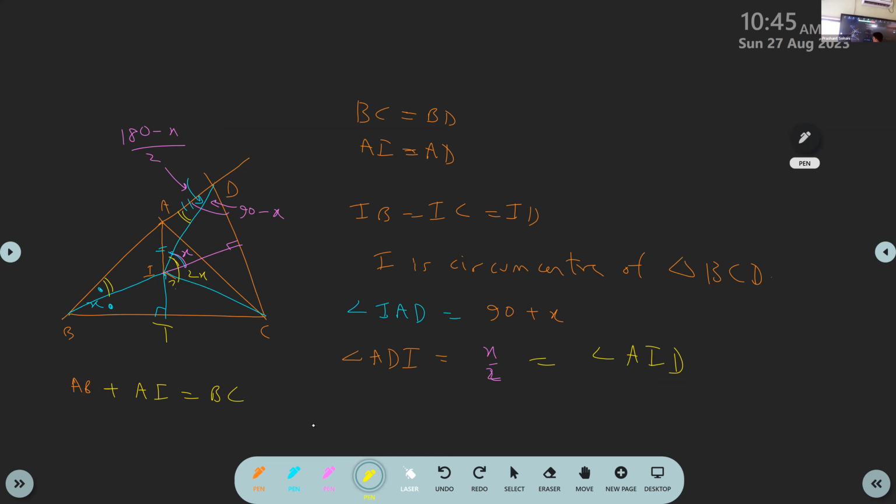So angle CIT is equal to this opposite angle, because I is the circumcenter, which is 180 minus x.